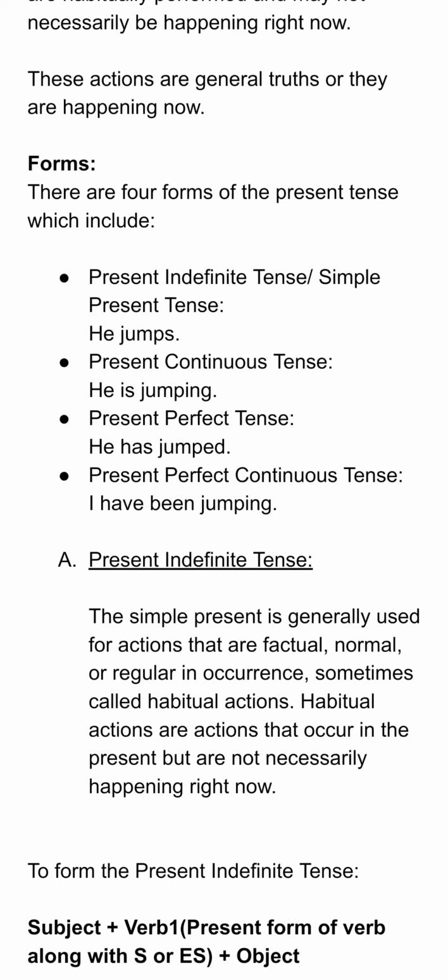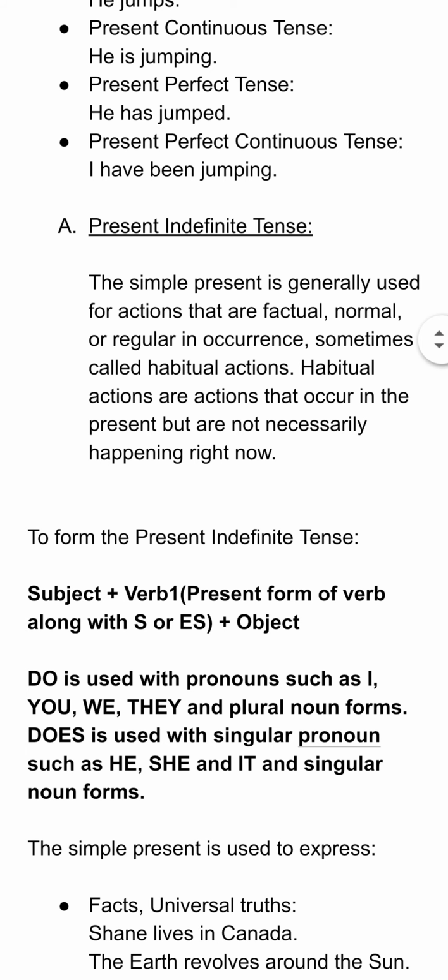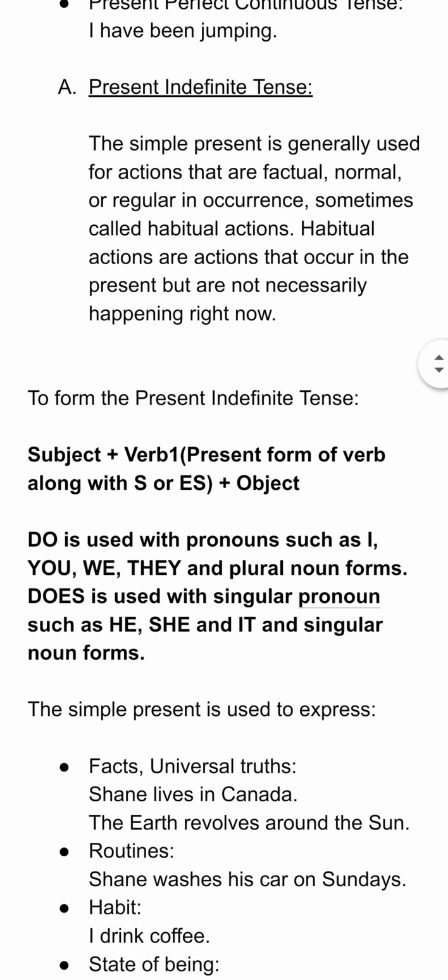Such tenses are used for actions that are factual, that means they state facts, or habitual actions, or universal truth, routine, state of being. Now I will provide you with examples so that it becomes easier for you to understand the present indefinite tense.